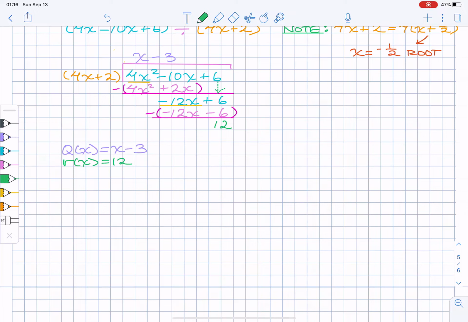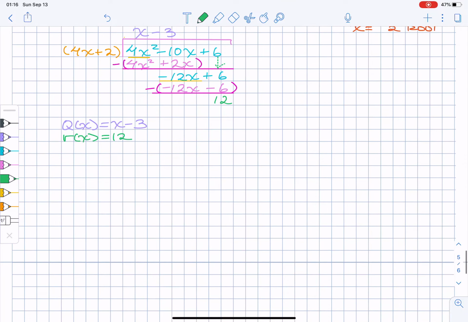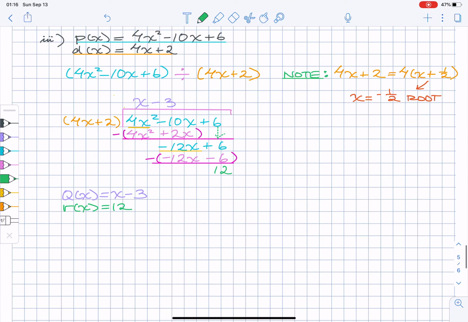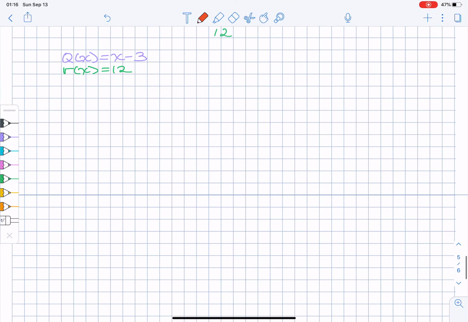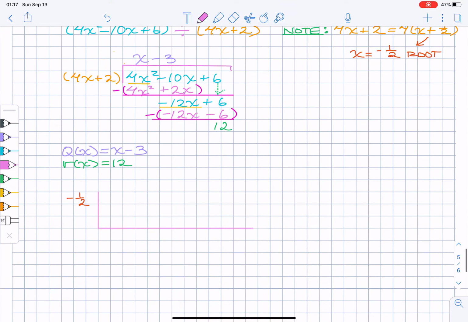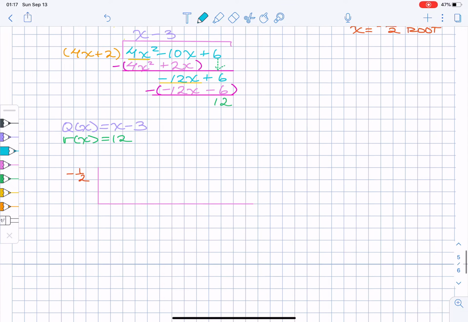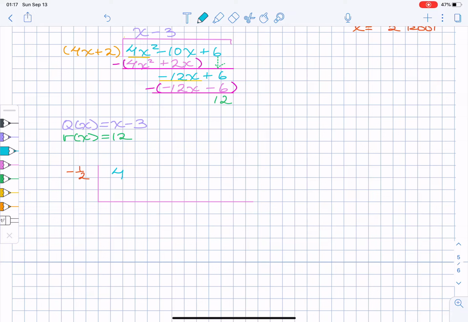And let's see if we get the same thing using synthetic division. So I claim that the root was negative 1/2, as I found up here. So let's do negative 1/2 on the outside of our upside down division symbol. And the coefficients in descending order are 4, negative 10, and positive 6.